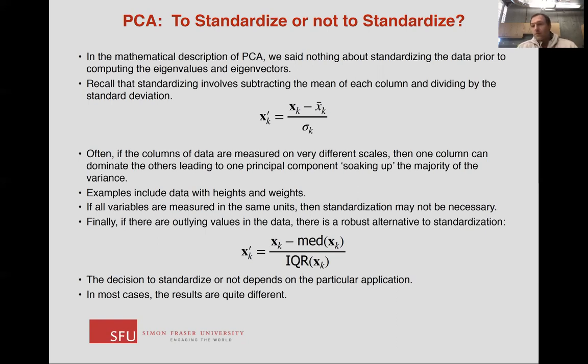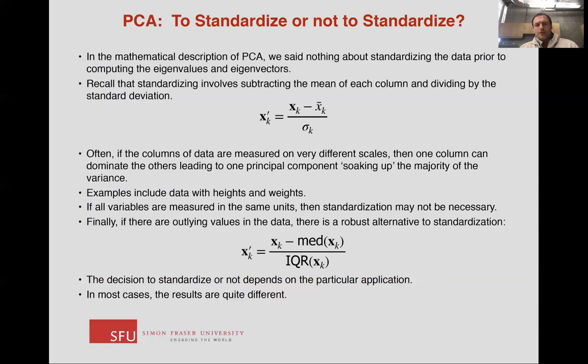But with meters, the variation might be pretty small. So this would be an excellent candidate to standardize ahead of time. However, if all the variables are measured in the same units, then standardization might not be so necessary, and you might get somewhat similar results between the two methods.